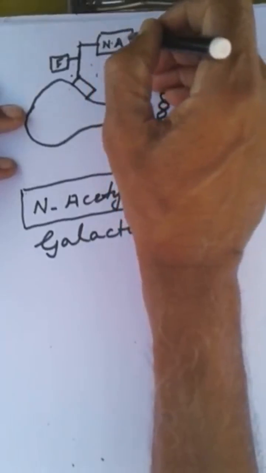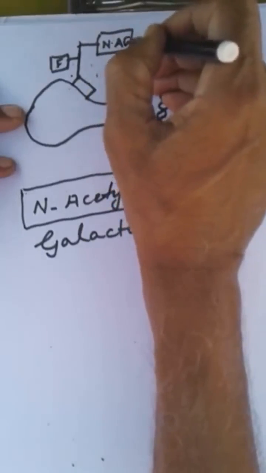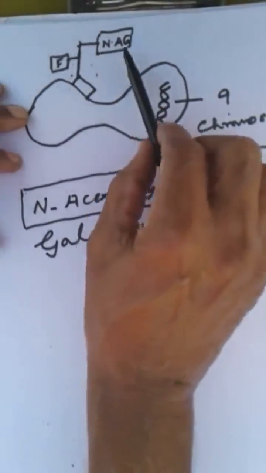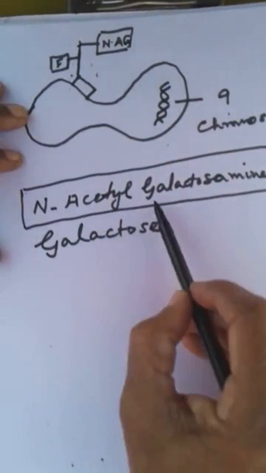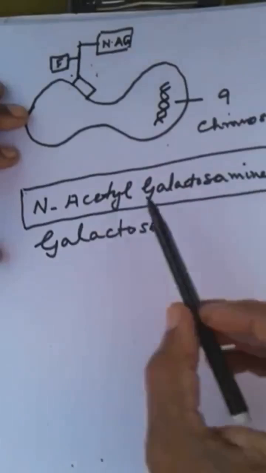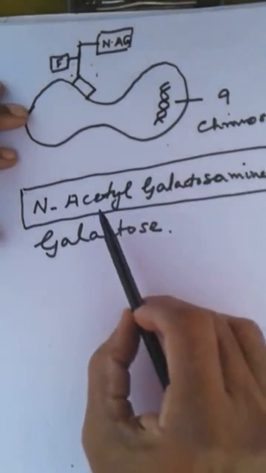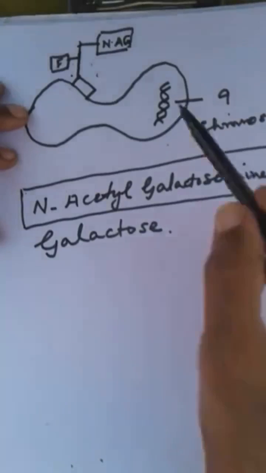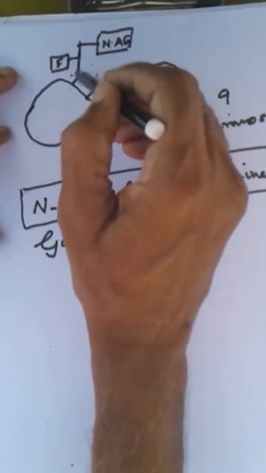N-acetyl galactosamine, we can say NAG. So this N-acetyl galactosamine, with the help of the enzyme N-acetyl galactosamine transferase, comes and attaches itself to this H substance.